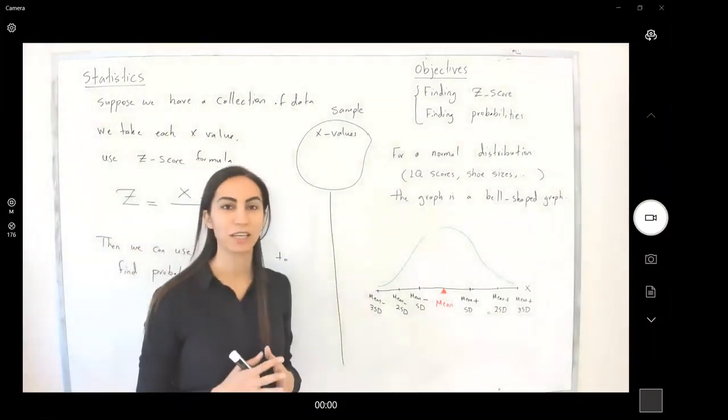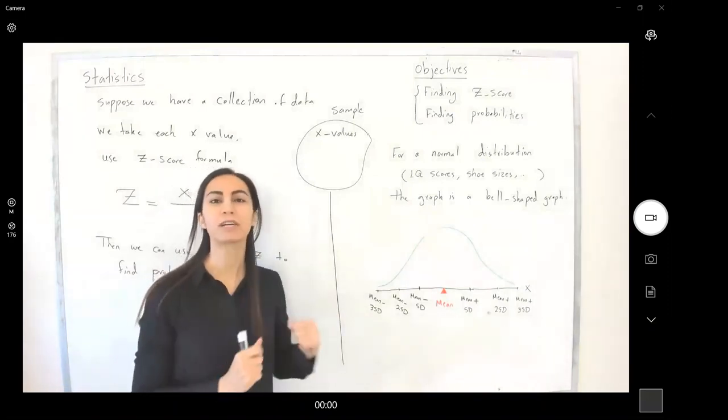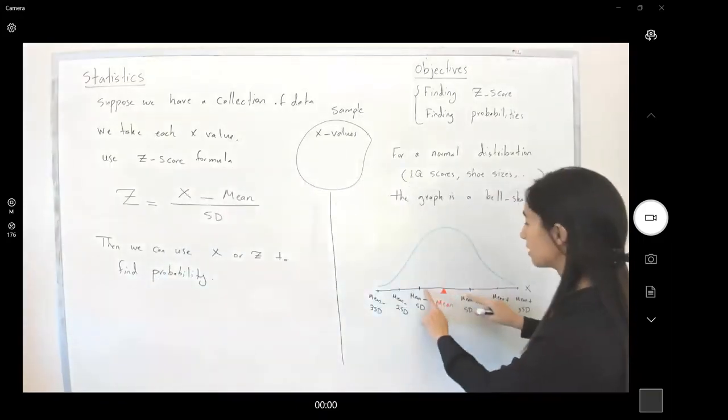Before using a calculator, we can use the empirical rule to find the percentages of the data near the mean.